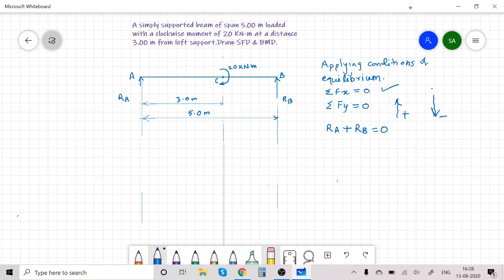Remember, here don't consider this 20 kilonewton meter moment because it is a moment, not a force, and we are applying the second condition of equilibrium, that is sum of all vertical forces must be equal to 0. So add only the forces, don't add forces and moment.